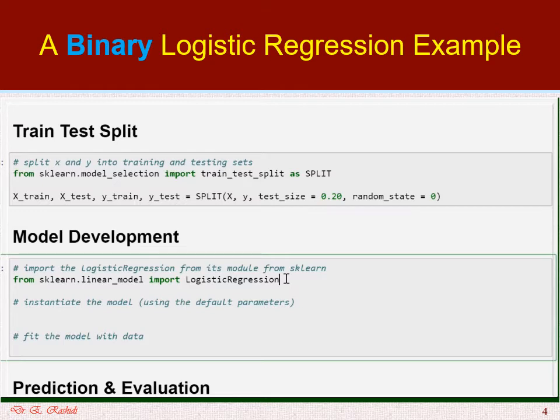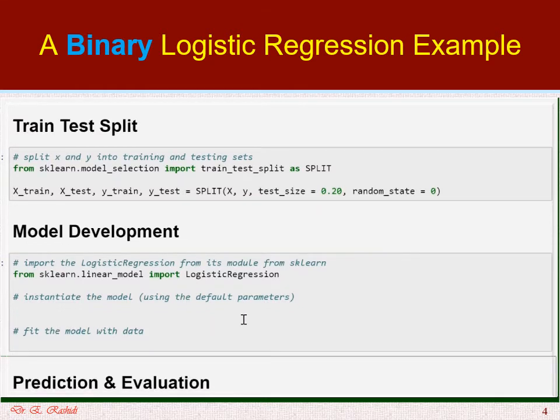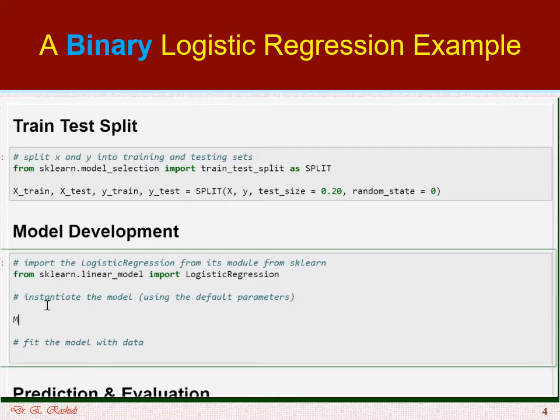L and R are capital here. After that, we're going to instantiate the model using the default parameters, and we're going to make a copy of this. I'm going to call it my logistic regression, my LR, and that's a copy of logistic regression.